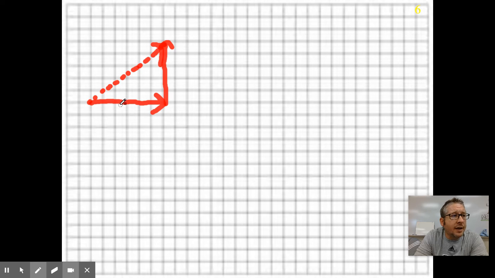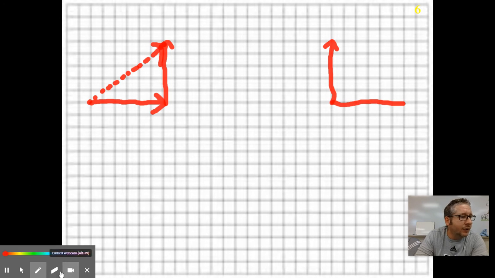So I'm going to take this. We can move either one. I'm going to take, let's say, this vertical one. I'm not going to change the size or magnitude of it. That's not real good, but I did my best. So I just moved this vector over to the left.